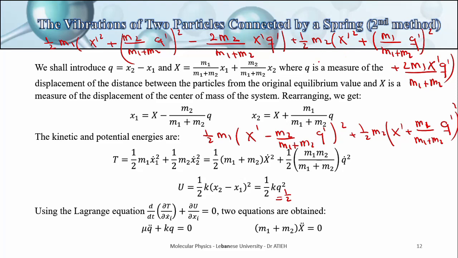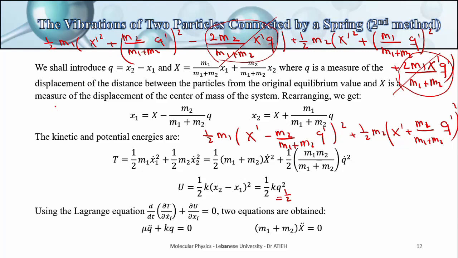So you can see that we have this term multiplied by half m2, and here this term is multiplied by half m1, so they will be similar and they will cancel. So this term will cancel with this term. It will be m1 m2 over m1 plus m2 x prime q prime.